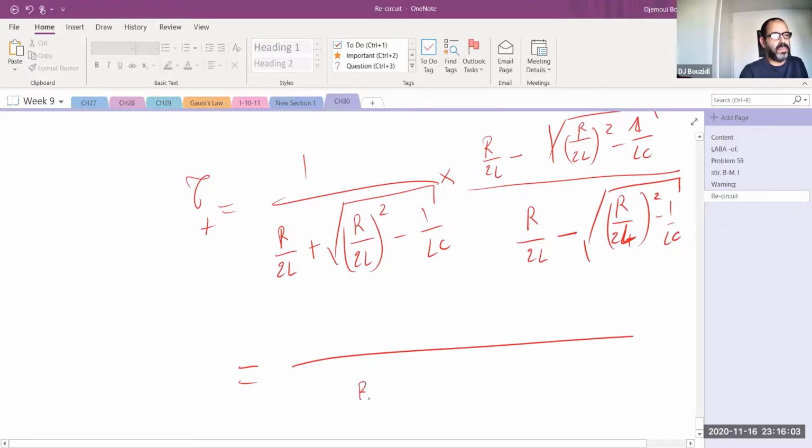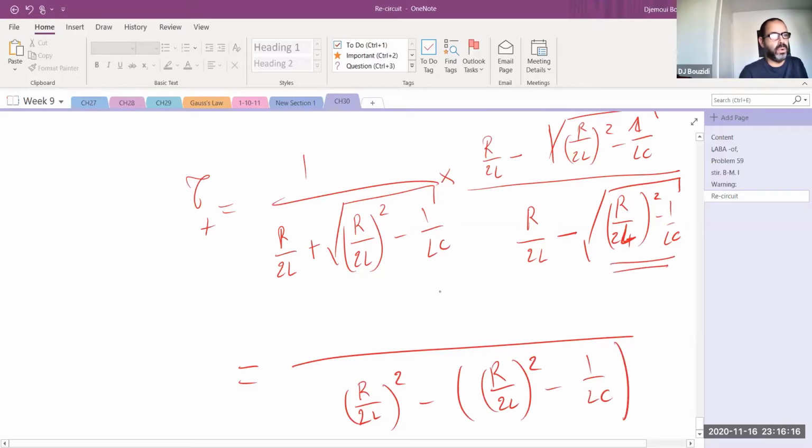So the denominator will be (R over 2L) squared minus ((R over 2L) squared minus 1 over LC), basically this term, or this term if you wish, it's the same thing, without the square root. And the numerator will be simply R over 2L minus the square root of (R over 2L) squared minus 1 over LC.